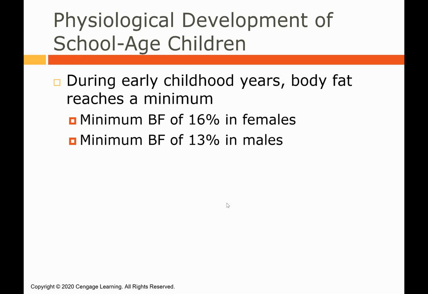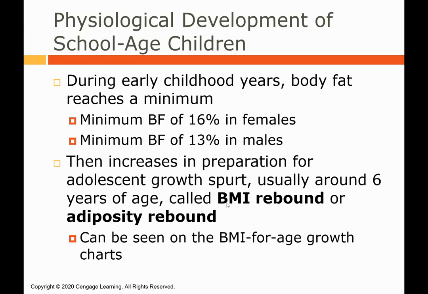During early childhood years, body fat reaches a minimum. This minimum is 16% in females and 13% in males. However, it then increases in preparation for the adolescent growth spurt, and this usually occurs around 6 years of age, and it's what we call the BMI rebound or adiposity rebound.